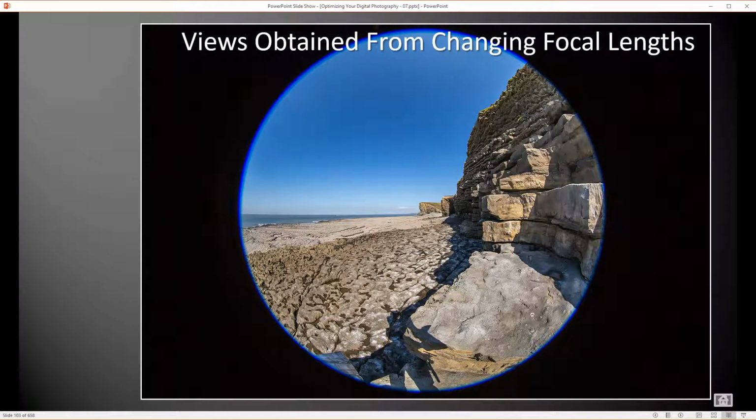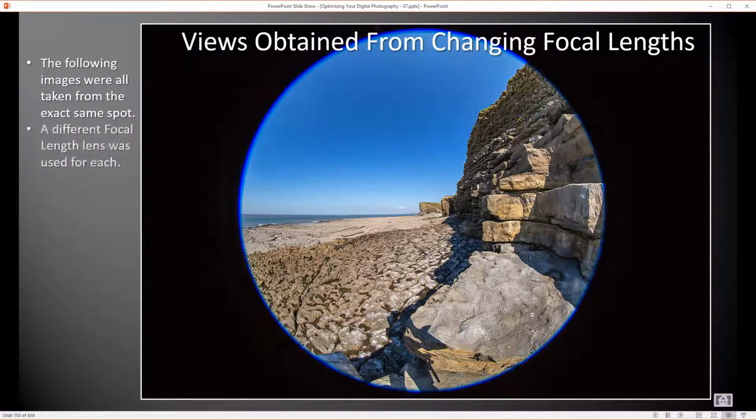So this is just an illustration of a typical scene obtained with different focal length lenses, and they've all been taken on a tripod from exactly the same spot, all with different focal length lenses, all with the same exposure. And this is an important principle.